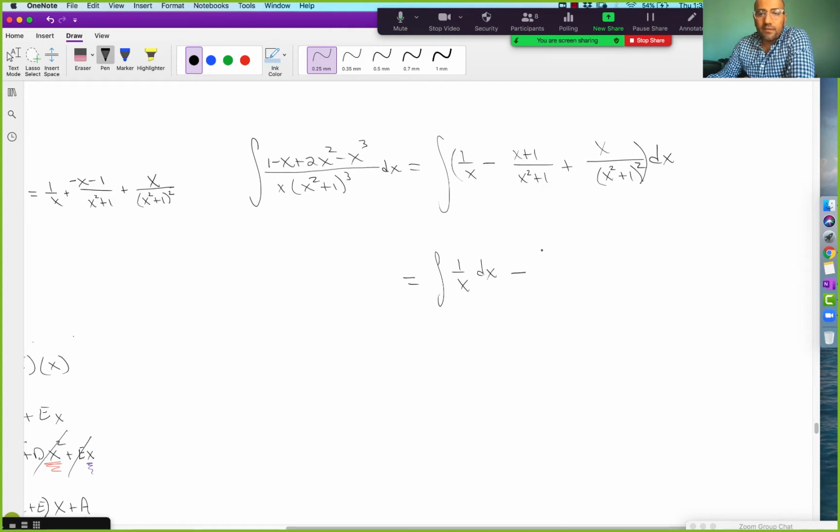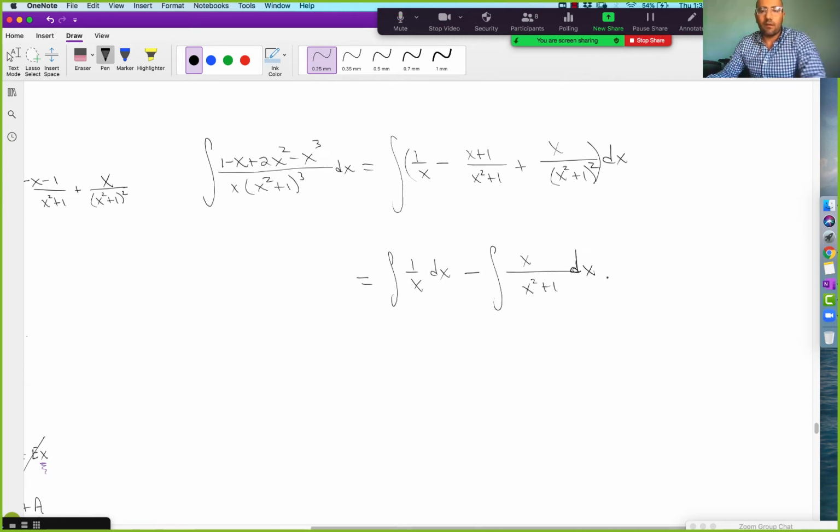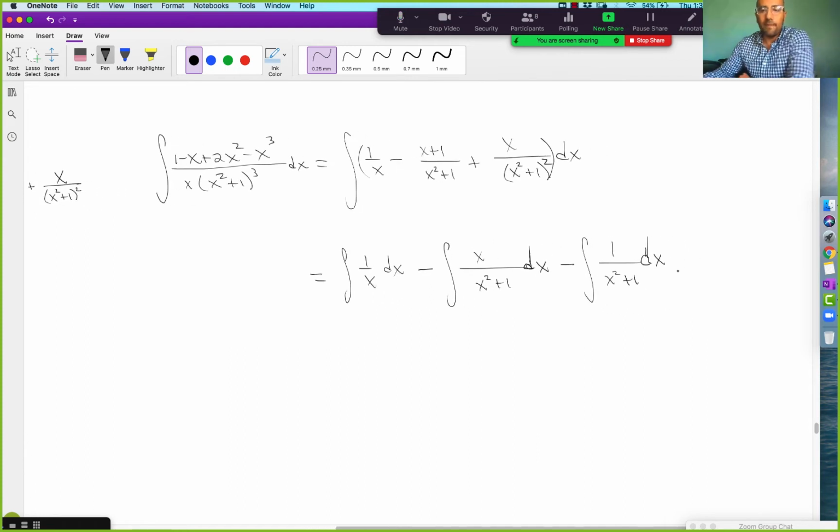Then minus the integral of x over x squared plus 1 dx. That's going to be easy to figure out. Minus the integral of 1 over x squared plus 1 dx. That's a standard integral. So that should be easy to get as well.